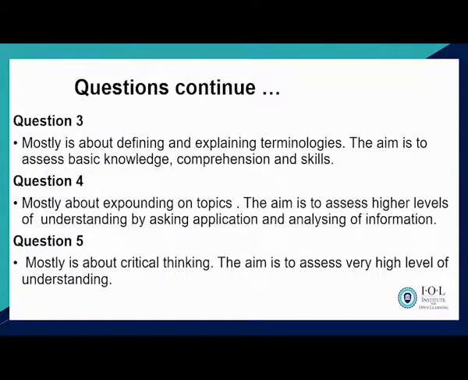The aim is to assess higher levels of understanding by asking for application and analyzing of information. Question 5 is mostly about critical thinking. The aim is to assess a very high level of understanding.